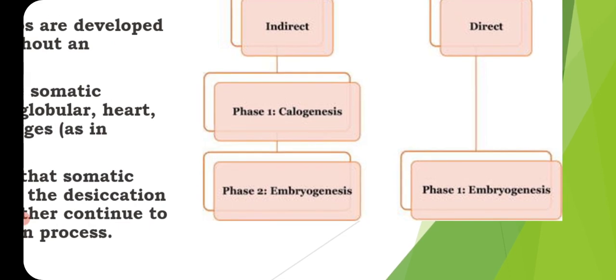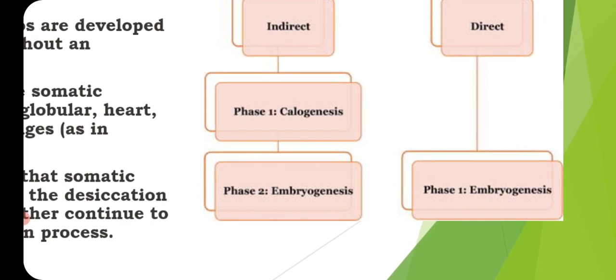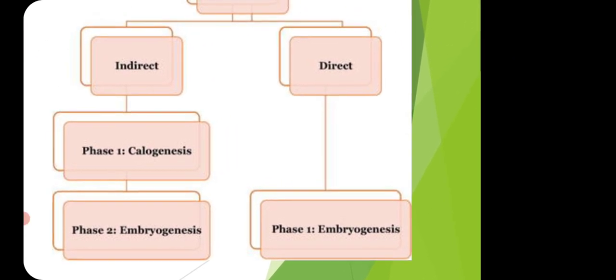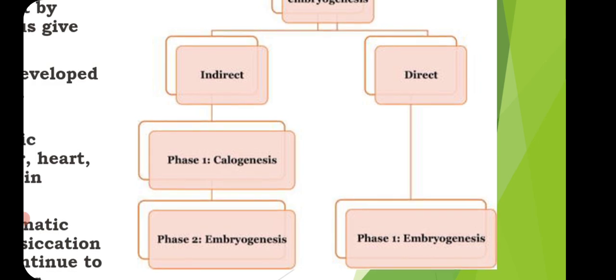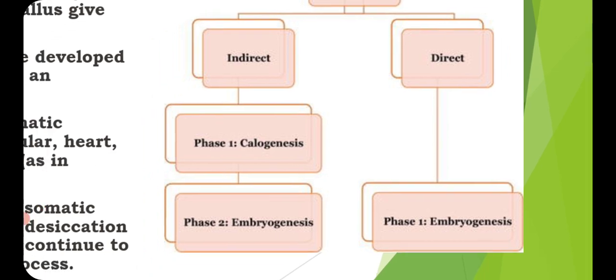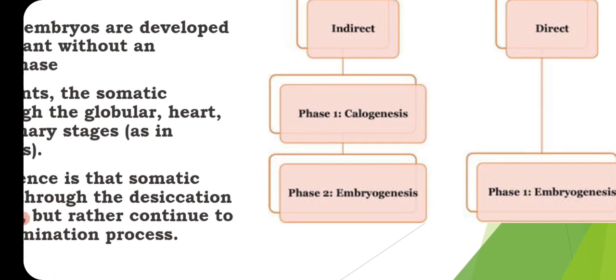Indirect is callogenesis, that is callus formation, and from the callus we can see the embryos developing. So callogenesis is followed by embryogenesis. But in the direct method, suppose we keep the explant in growth medium, and from that explant we directly see the formation of embryos.